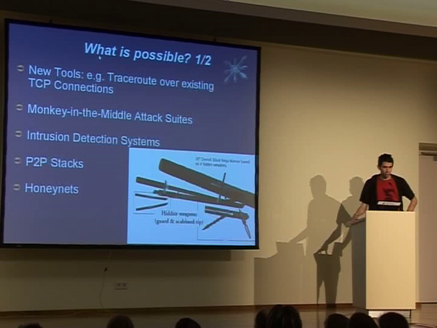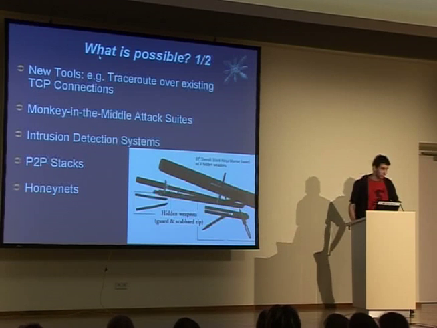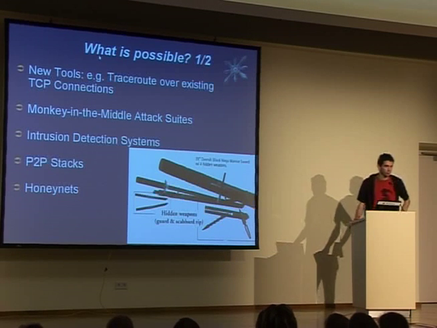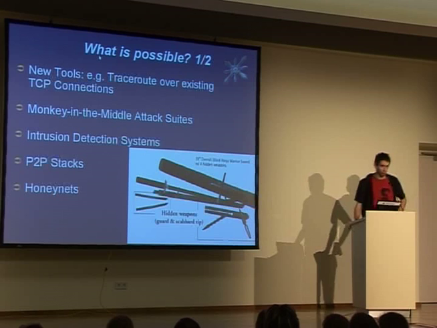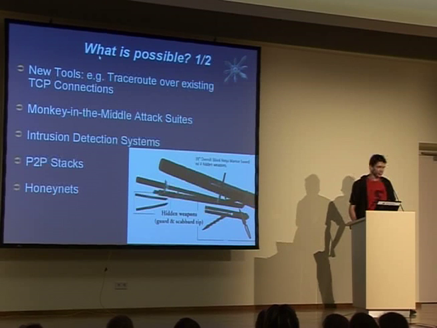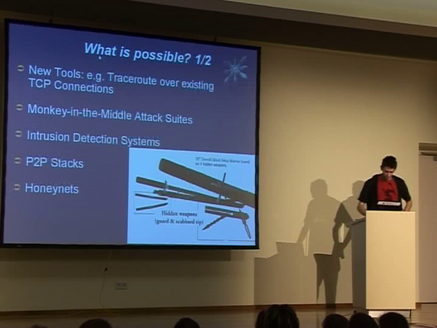Also, we could re-implement many of the man-in-the-middle attack suites using this TCP/IP stack in much fewer lines and much cleaner code. Also, it would be interesting to write an intrusion detection system using a high-level protocol abstraction, but that's been done before, probably. Then we can write peer-to-peer stacks, TCP over UDP, stuff like that. Of course, what also comes to mind is writing honeynets and stuff like that. Certainly would work.